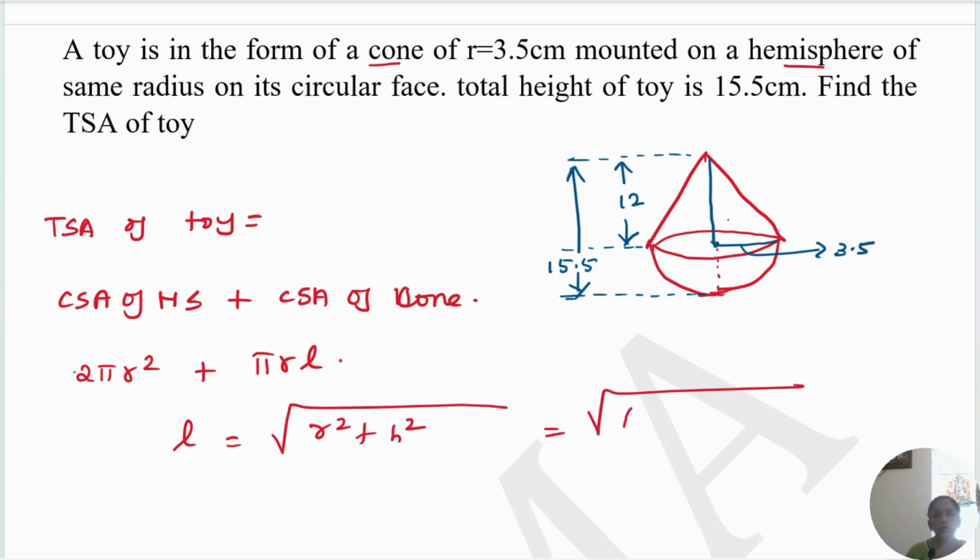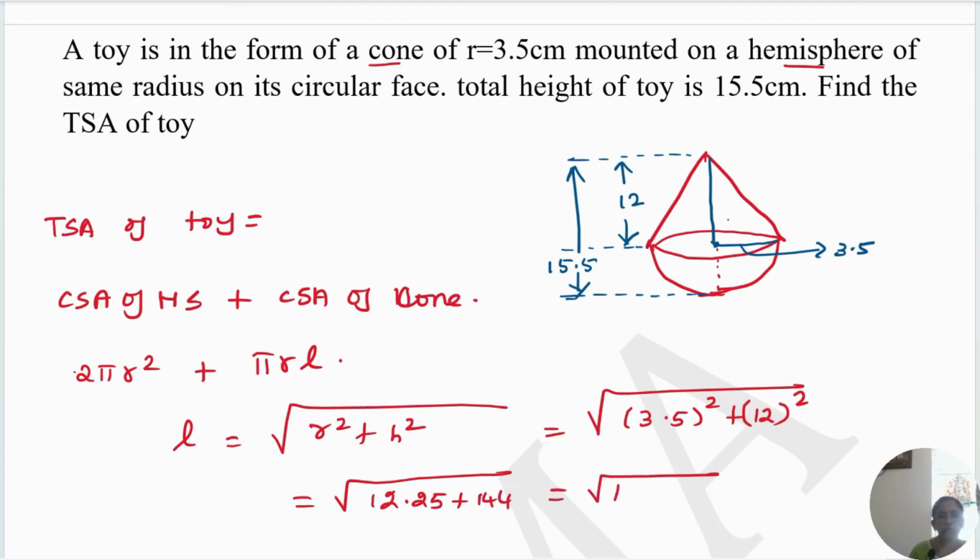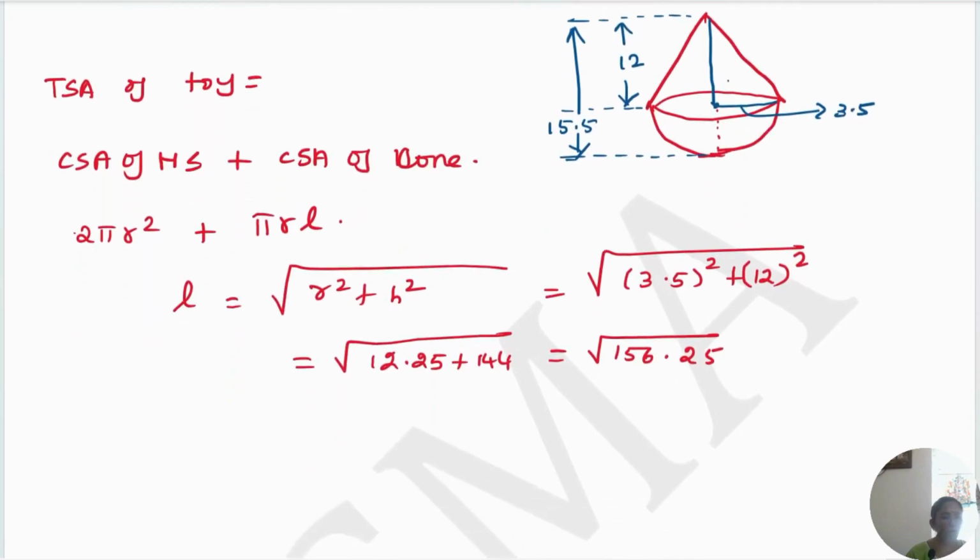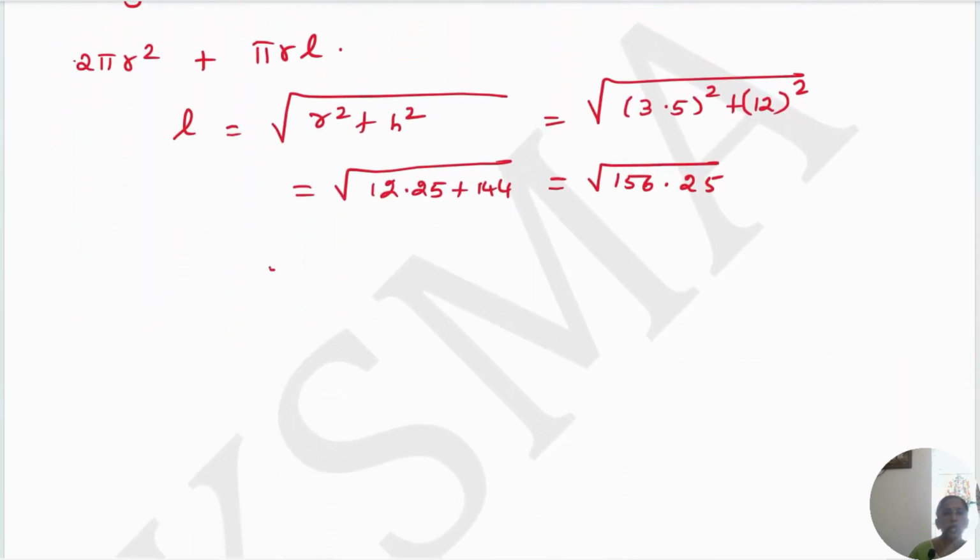So square root of 3.5 the whole square plus 12 square. So that is equal to 12.25 plus 144. So root of 156.25. If we find the root value, this answer is 12.5. So L is equal to 12.5.